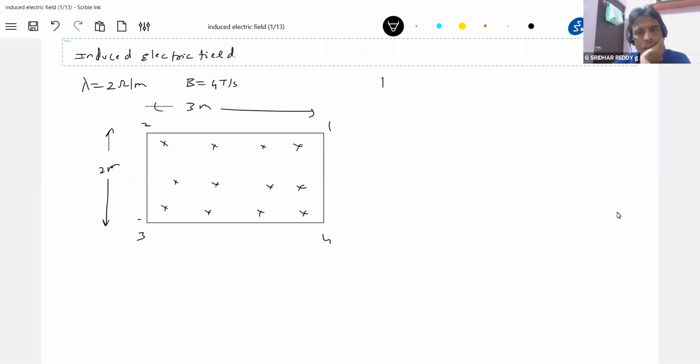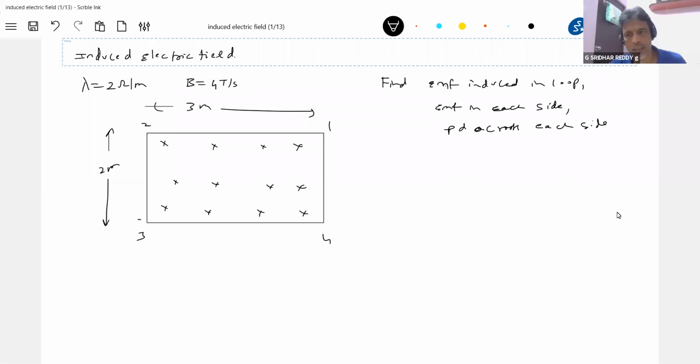So find potential difference across the sides. We'll do one thing, find EMF induced in loop, EMF in each side, PD across each side.